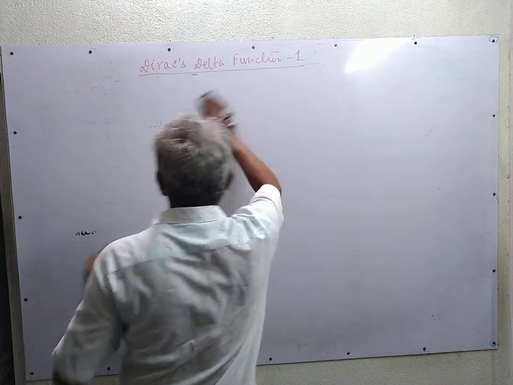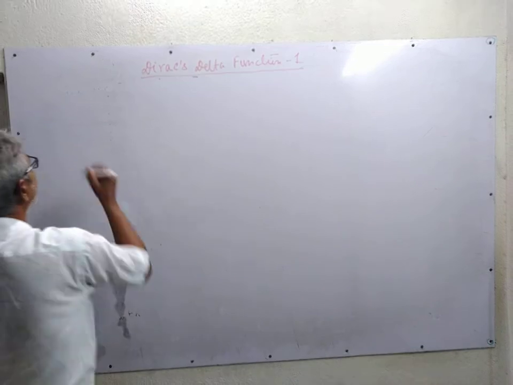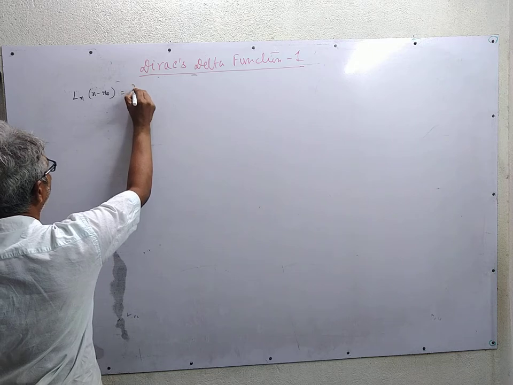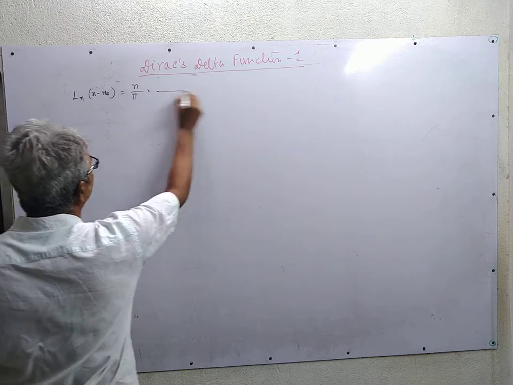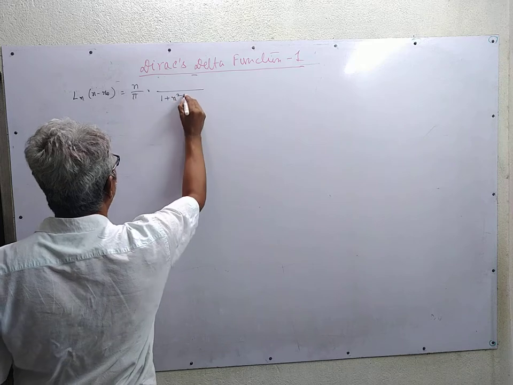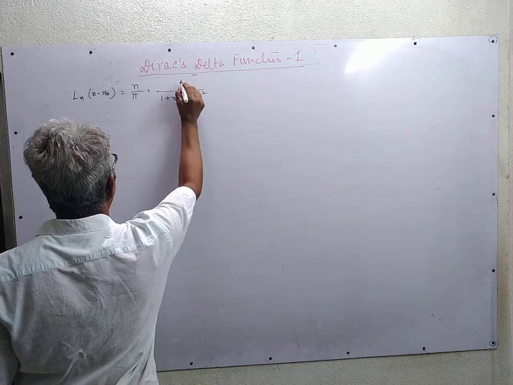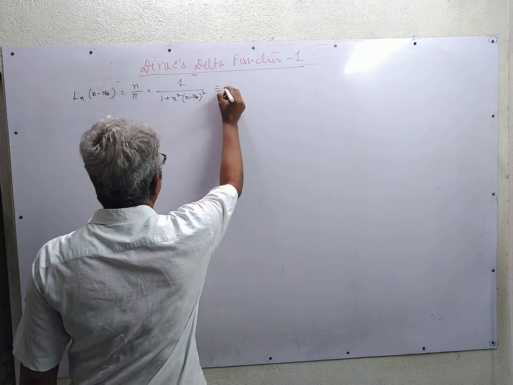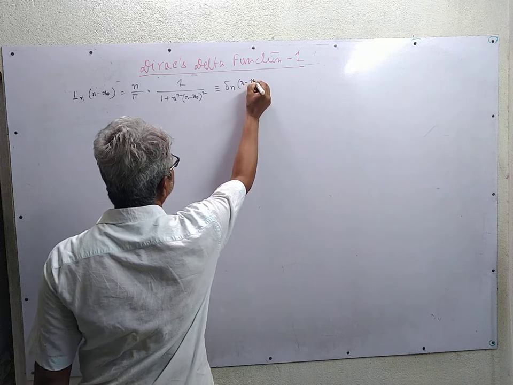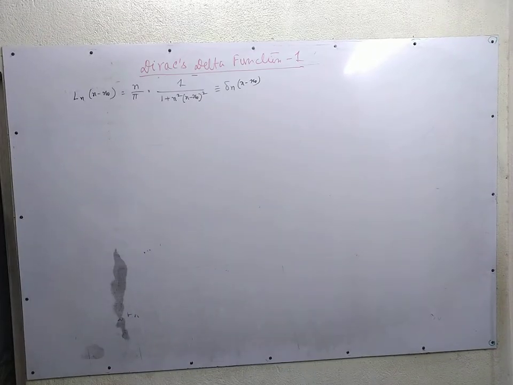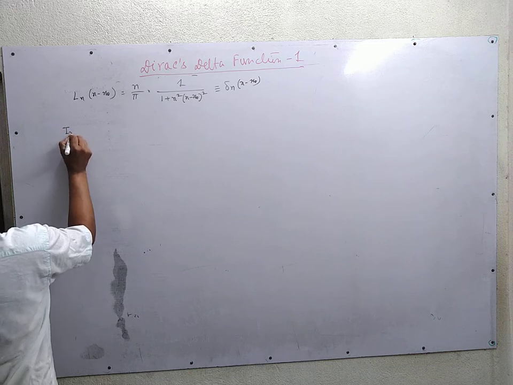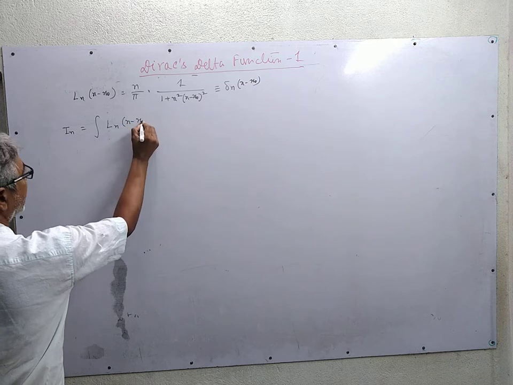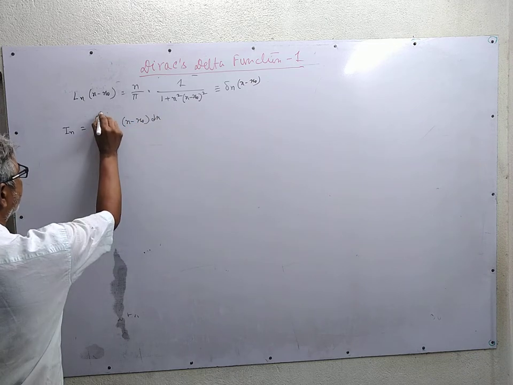Now we have Ln. Ln of x minus x0 is equal to n by pi into 1 upon 1 plus n square (x minus x0) square. Now, this is the sequential delta n of x minus x0. We first calculate the integration In, which is Ln of x minus x0 dx integrated from a to b.